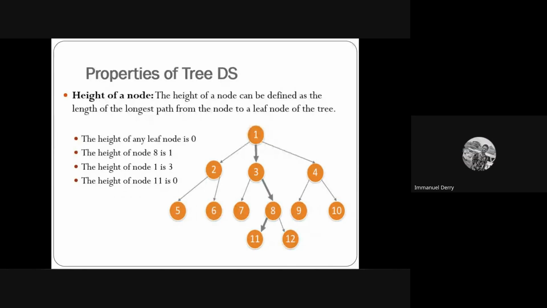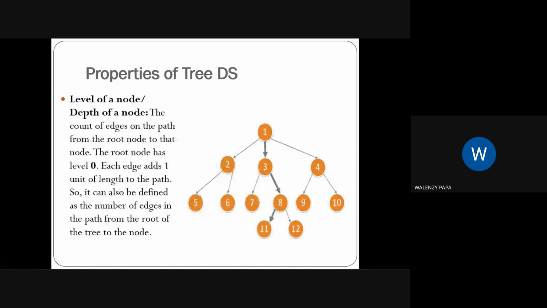Hello? Sir, please, the depth of the node is not well understood, because we are talking about edges here. Once we are talking about edges, I think we count the number of edges, but you're talking about levels also here. So the two, I'm confused. Yeah, so if you want to get the depth of the node, we use the levels to count them. But I'm saying that to get it very simple, you can use the edges as well.